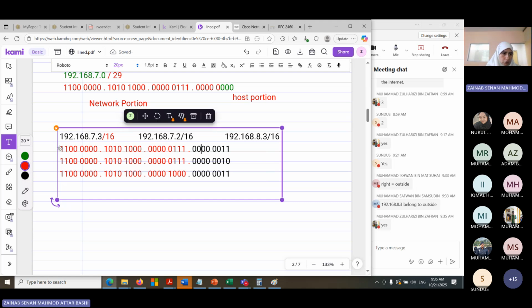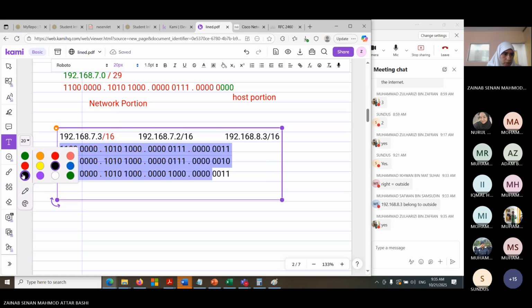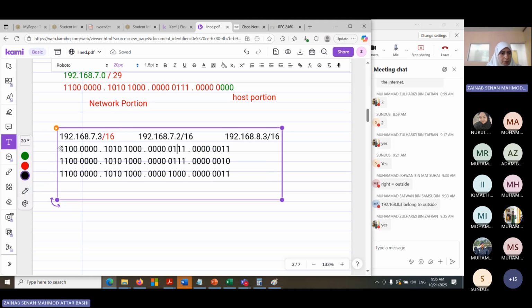Okay, let's change all to black first. /16 means that the first 16 bits will be in red, they are the network portion. This one, same thing. This one, same thing. So now the question: do they belong to the same network or a different network now?